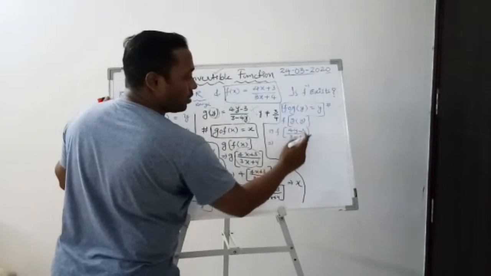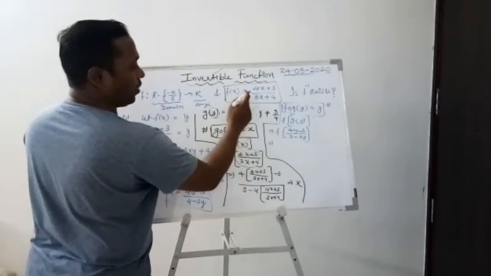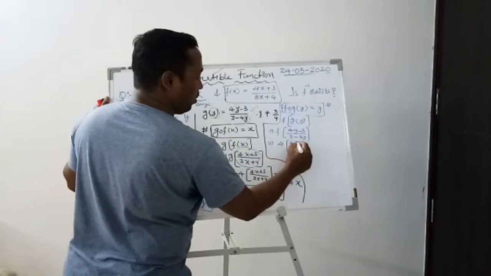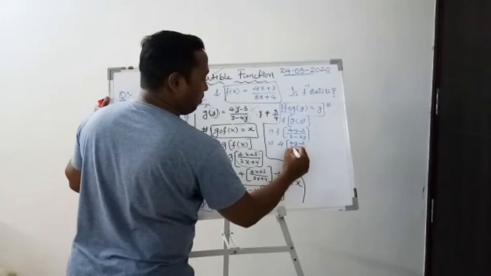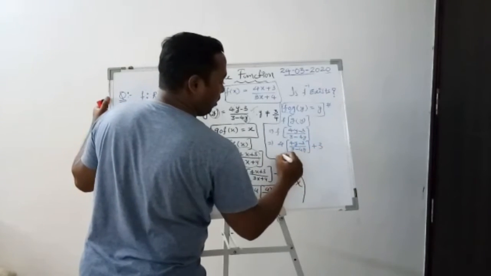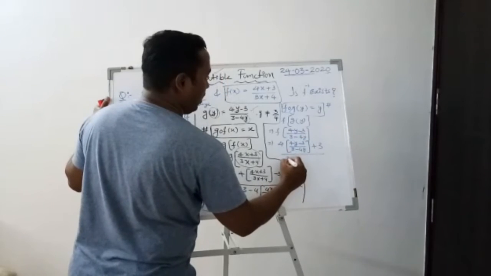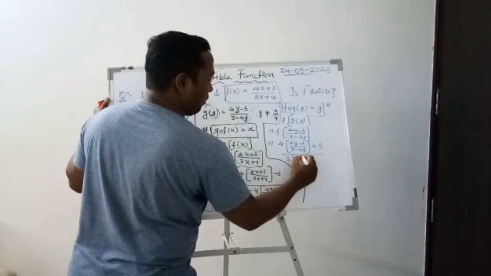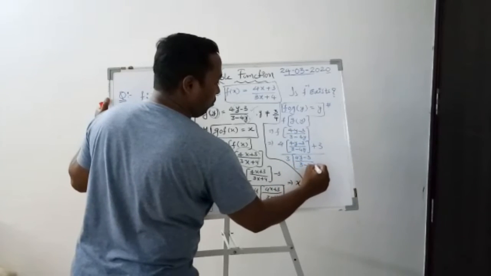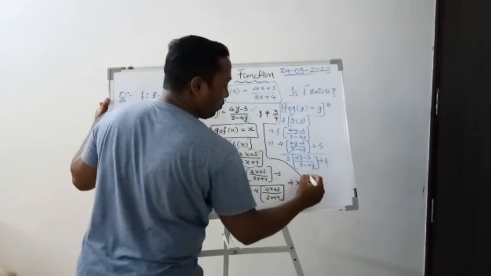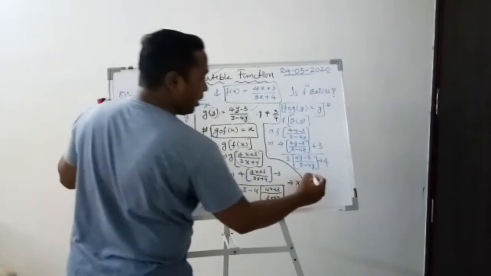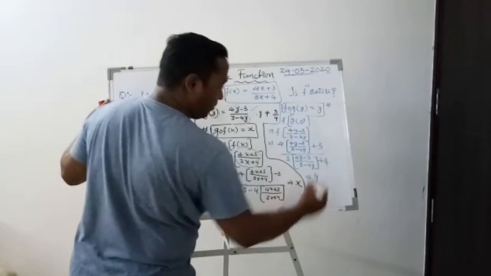Now we'll substitute this value in the f of x function, where we can write 4 times (4y minus 3 by 3 minus 4y) plus 3, upon 3 times (4y minus 3 upon 3 minus 4y) plus 4. So once you simplify this by taking LCM and all, you will definitely get y.